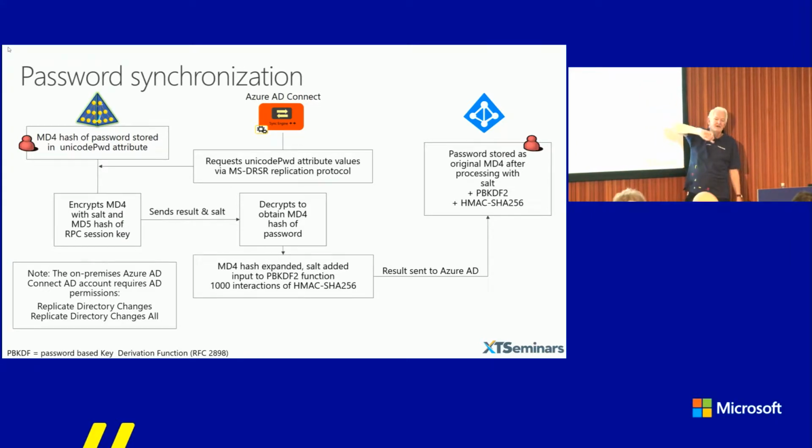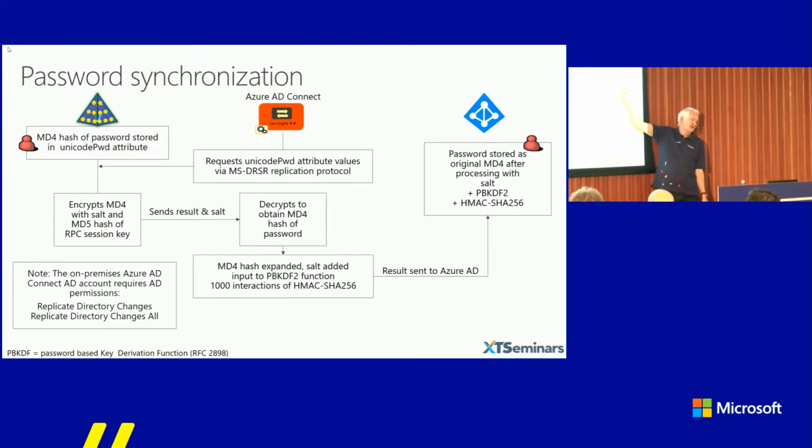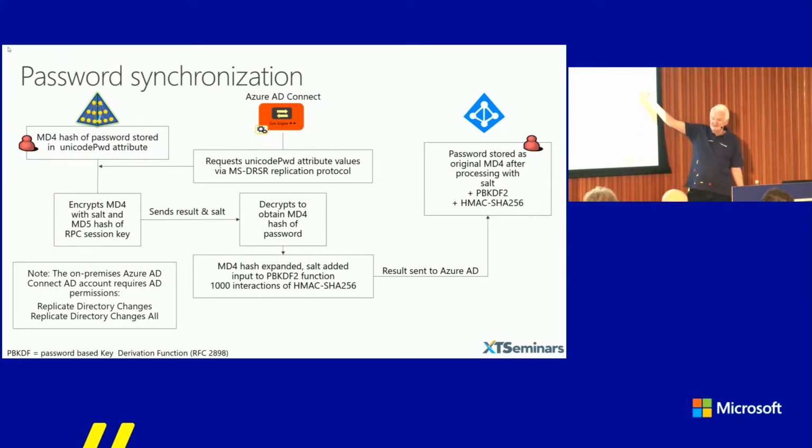So in the very, very unlikely scenario where Microsoft gets its database stolen, a rainbow attack is going to be useless because the hashes are salted, and computationally it's extremely difficult to do a brute force attack because you've gone through 1,000 iterations of HMAC 256. So if this got stolen, it's almost impossible to reverse engineer it to get a password.